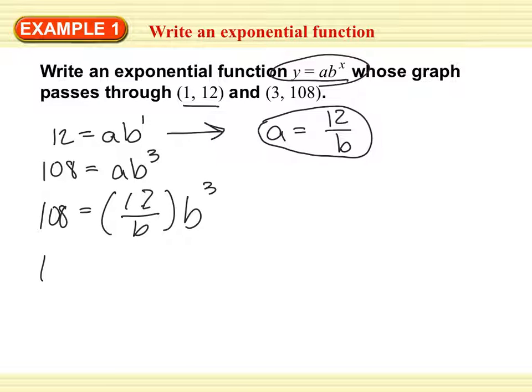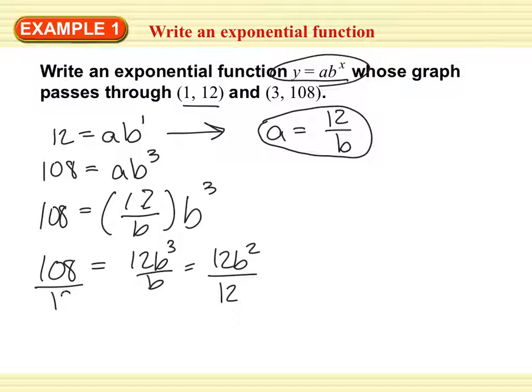Okay, now I can solve for b. So 108 equals 12b cubed over b, or 12b squared. Divide both sides by 12. I have b squared equals 9. b equals 3, right? That's pretty cool.